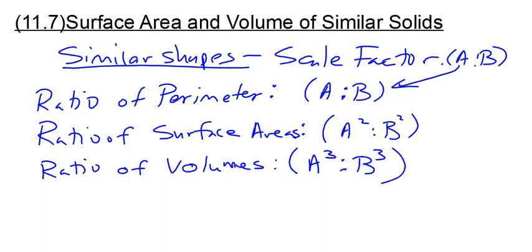So if I know the two shapes are similar, I know they have a scale factor. The ratio of their lengths, or perimeters, has to be A to B, the ratio of their surface areas has to be A squared to B squared, and the ratio of their volumes has to be A cubed to B cubed.